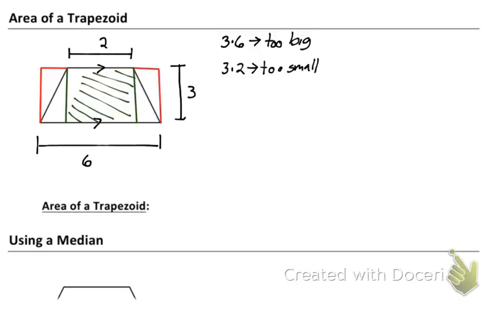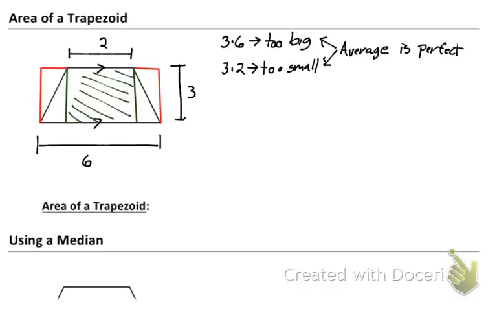So what we're doing with trapezoids is we're taking that big rectangle and that small rectangle and finding the average of the two, because one is too big, one is too small. Take the average, and it will be perfect. Not too hot, not too cold, it's just perfect. The average would be the perfect size of that particular trapezoid.